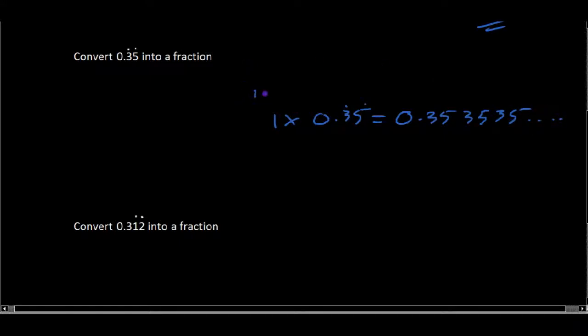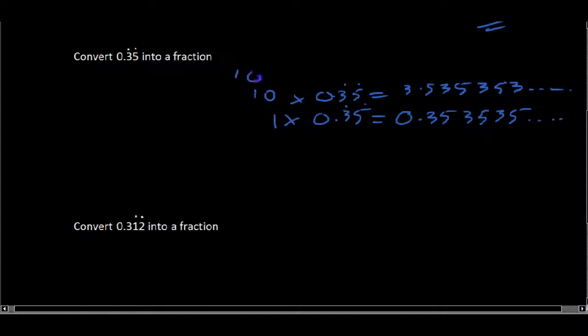Now let's look at 10 lots, see what happens here. 10 lots of this equals 3.535353. It's quite important to make sure things line up, and we see this doesn't match up.